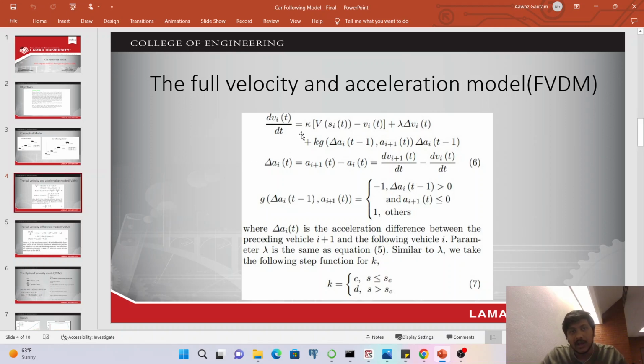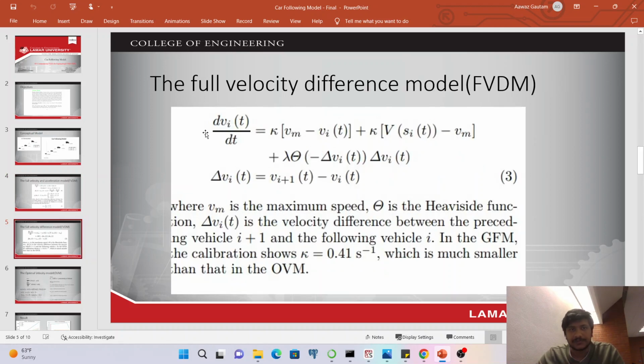This is our mother equation, which is the full velocity and acceleration model. From this equation, k is chi, a constant, the sensitivity of drivers.